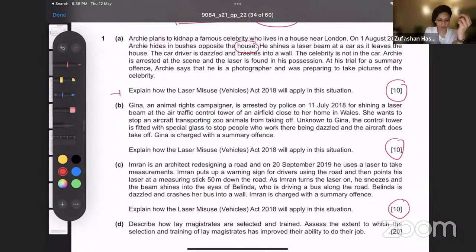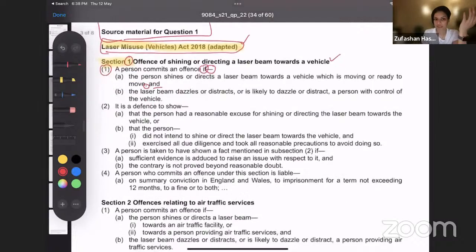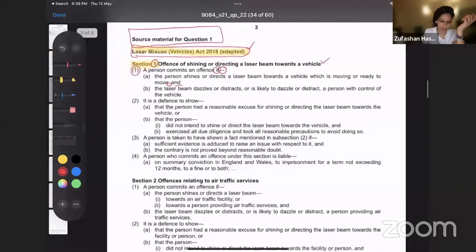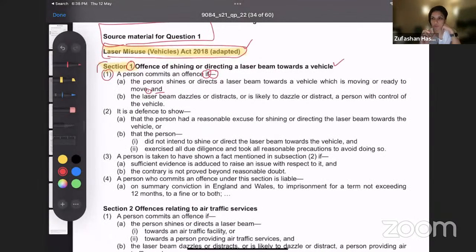They're clearly telling you to explain how the act given to you will apply in this situation. That is all you got to do. No evaluation, no assessment, only an explanation of which parts of this law apply to, let's say, Gina, and so on. So let's read the first part only so you have an idea about how to read statutes.